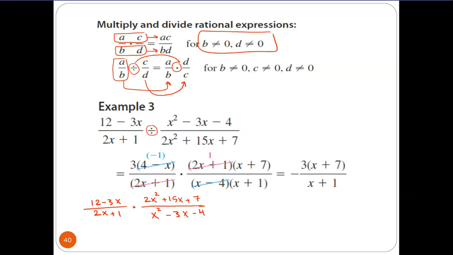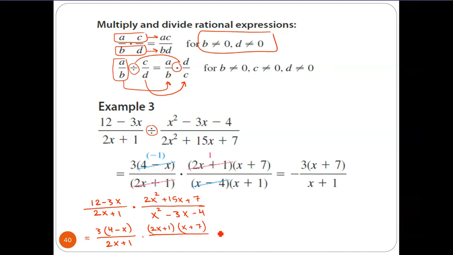Now we want to do factorization for all, so we take 3 as common factor, and we have 4 minus x over 2x plus 1. The second one, we have 2x, put it, and x plus 7, so we have 1 and 7, put it plus 1 and 7.